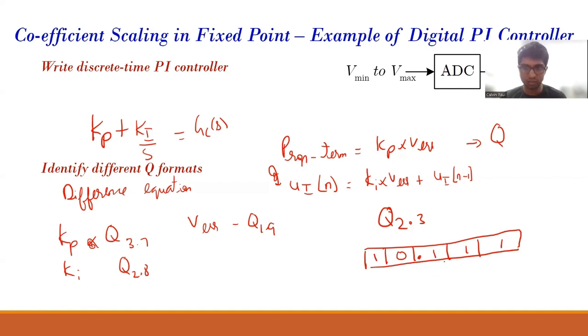I will write this value as 2 raised to 0. This will be 2 raised to 1, but since it is a sign bit, this will be multiplied by minus 1. This will be 2 raised to minus 1, this 2 raised to minus 2, this 2 raised to minus 3. That is why this is a sign bit, because I can take values in the range of minus 2 to plus 1.875 using this method.